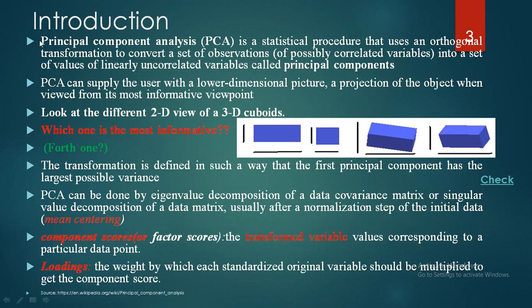So principal component analysis is a statistical procedure that uses an orthogonal transformation of correlated variables into a set of linearly uncorrelated variables, that is called principal components. Let us try to understand in another way. You have a variable, let us say a vector v.